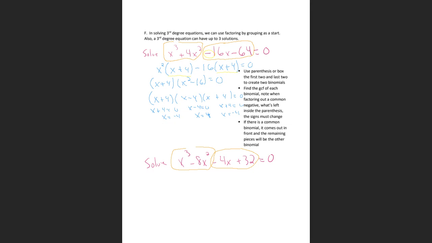And then I'm going to find the GCF of each one of those. And again, notice how when I have that second box, there's this minus sign right here. What I want to do is pull it out as well. So there's a 4 also in common, so I'm going to put a -4 out. So that makes this x, but the sign's going to change to a negative, and 32 divided by 4 would have been an 8.